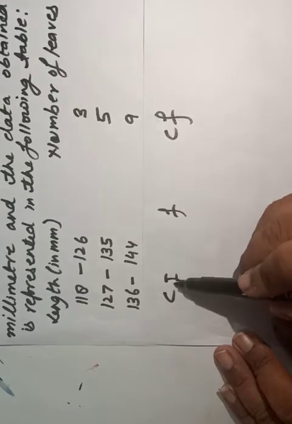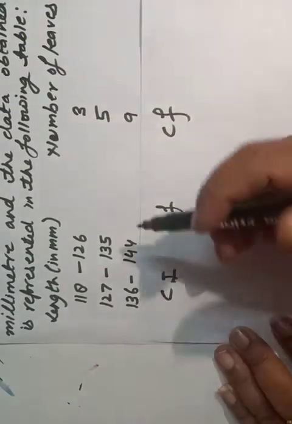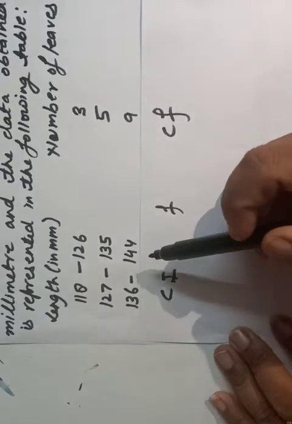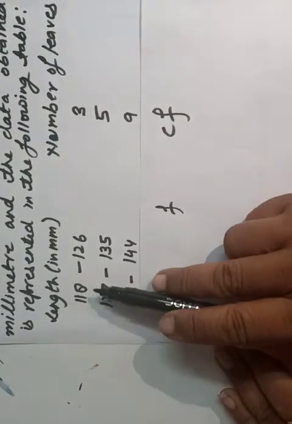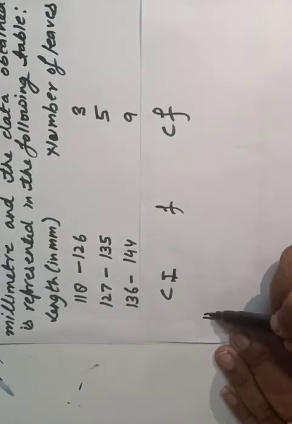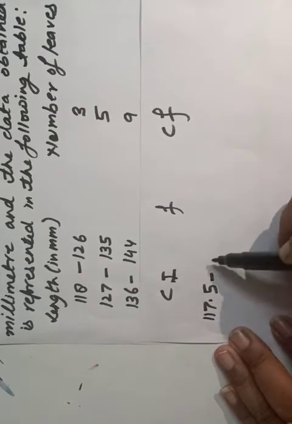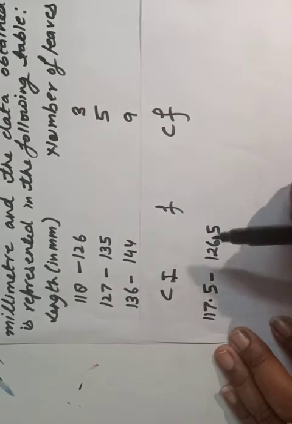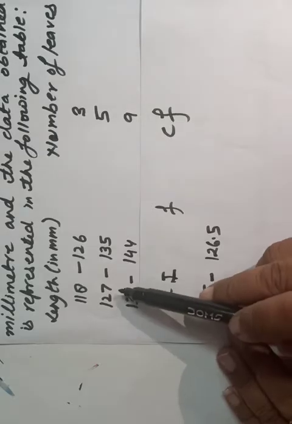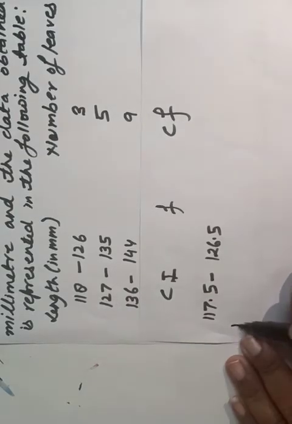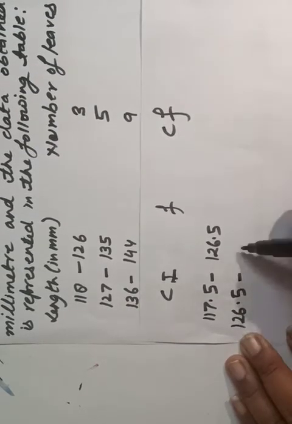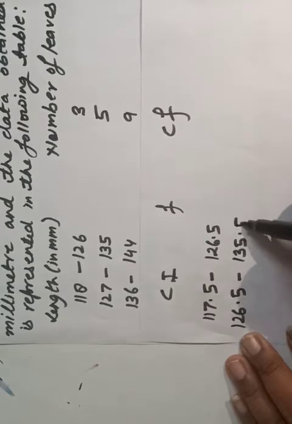So first of all we will change this inclusive to exclusive one, or we can say a continuous class interval. So 118 minus 0.5 will equal 117.5, and that will equal 126.5. Here 127 minus 0.5 will equal 126.5, and that will equal 135.5.